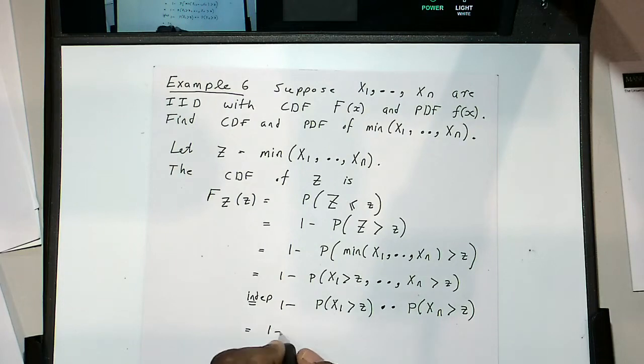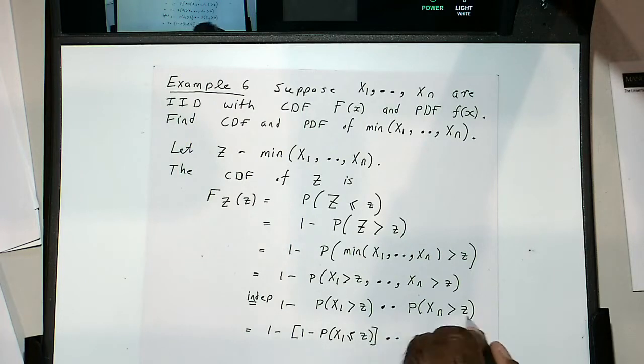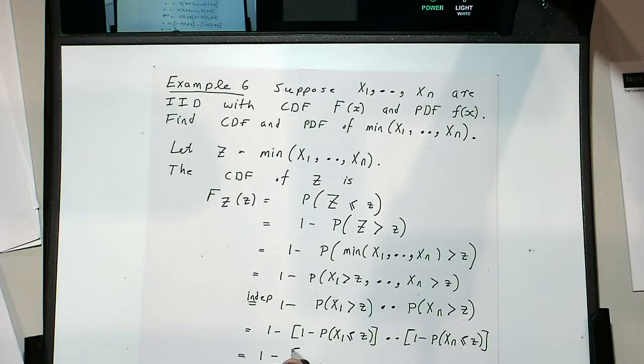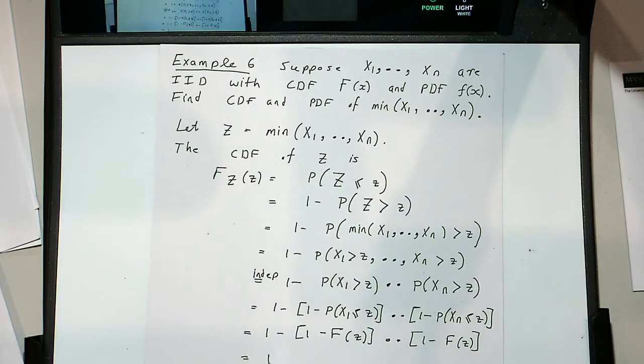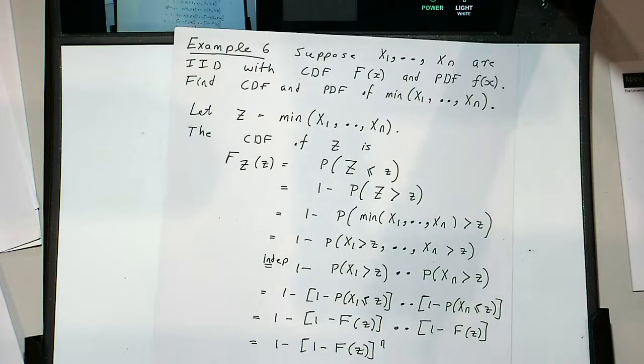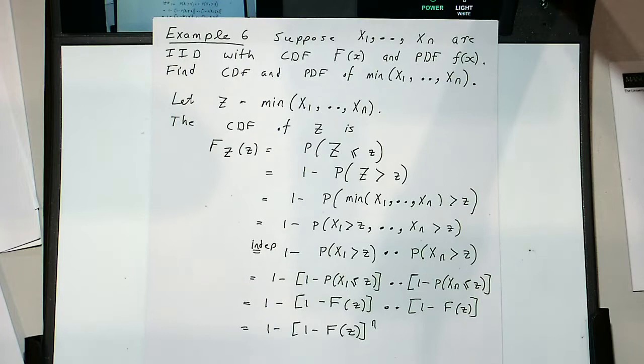Then I write the probability of x1 greater than Z as 1 minus the probability of x1 less than or equal to Z, and similarly the probability that xn is greater than Z as 1 minus the probability that xn is less than or equal to Z. So you have 1 minus capital F at Z, and similarly here 1 minus capital F at Z. So this is the formula for the CDF of the minimum, the smallest data point.